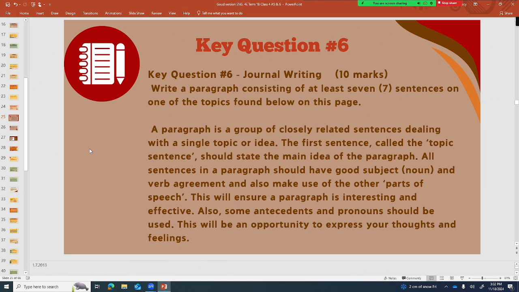The first sentence, called the topic sentence, should state the main idea of the paragraph, and all the sentences in a paragraph should have good subject and verb agreement. And it should also make use of the other parts of speech. I think you could hardly help it, to be honest. This will ensure that a paragraph is interesting and effective. Some antecedents and some pronouns should be used, and this will be an opportunity to express your thoughts and feelings.